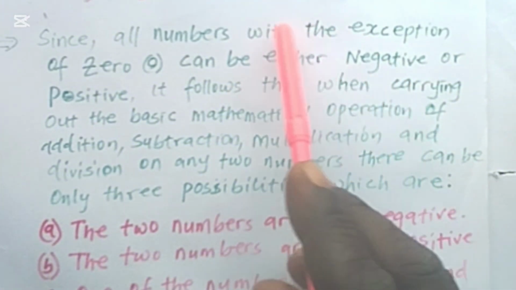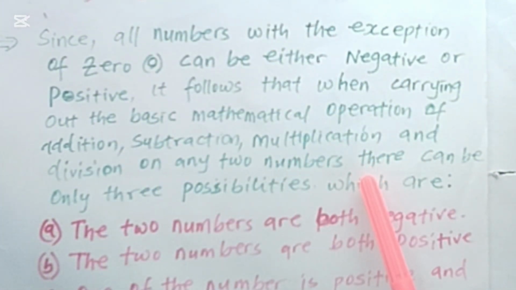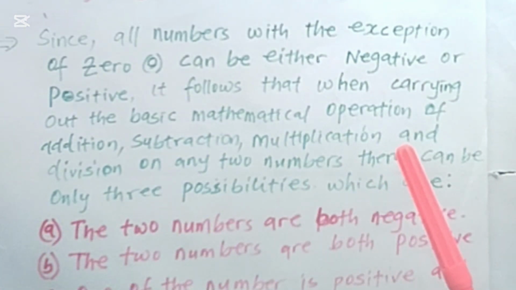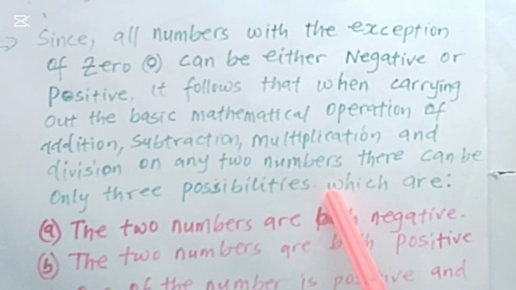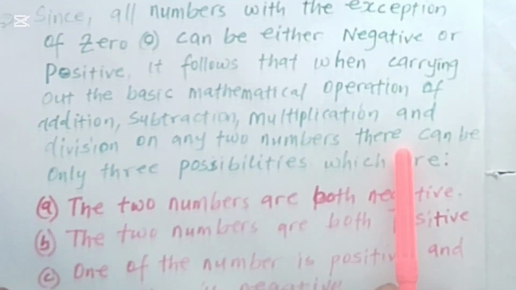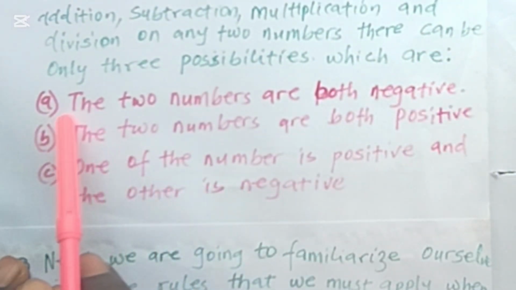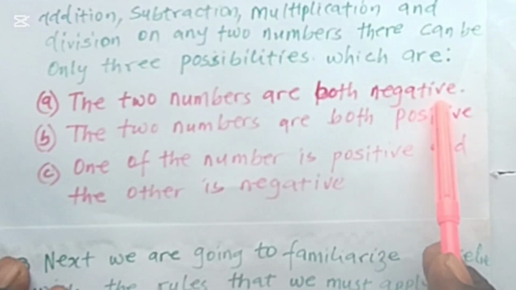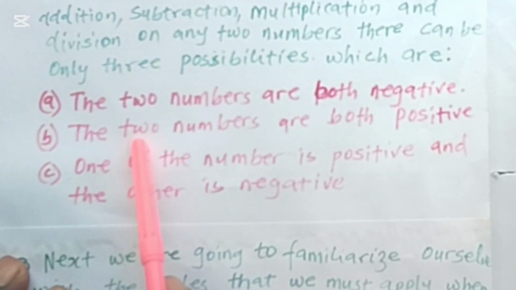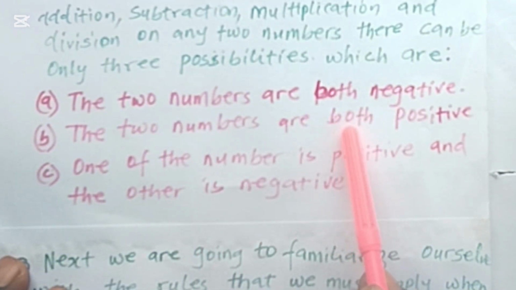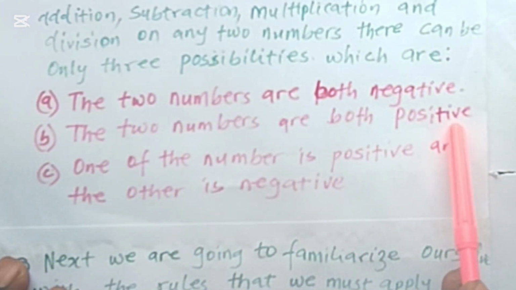What this simply means is that if you are adding, subtracting, multiplying, or dividing two numbers, it is going to be any of these three possibilities. The first one is that the two numbers could be both negative. That is one of the possibilities. The second one is that the two numbers can be both positive.